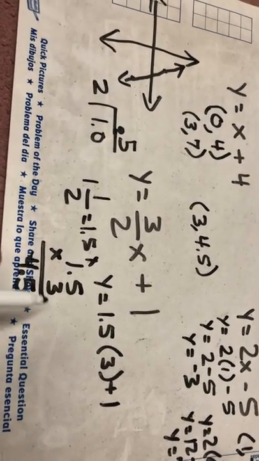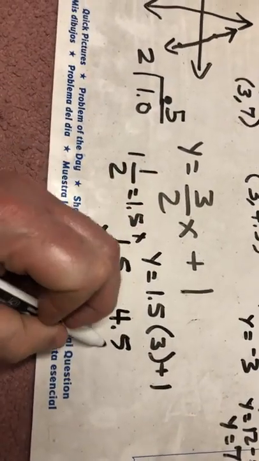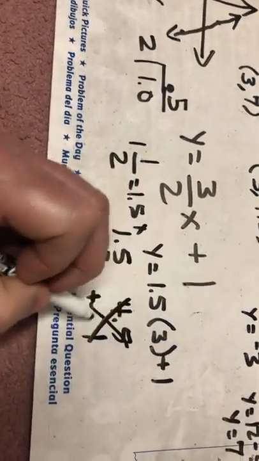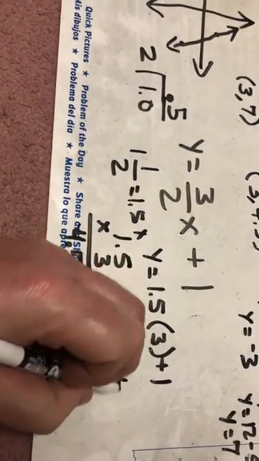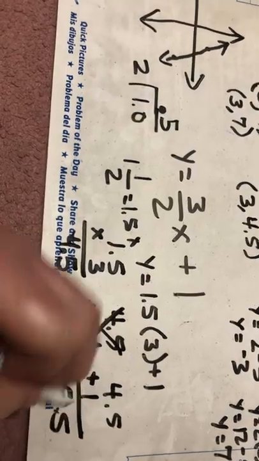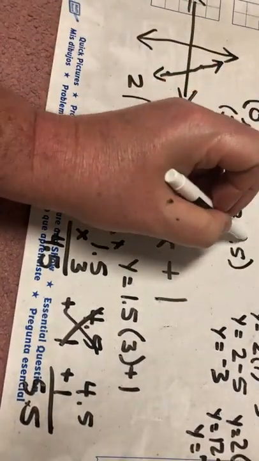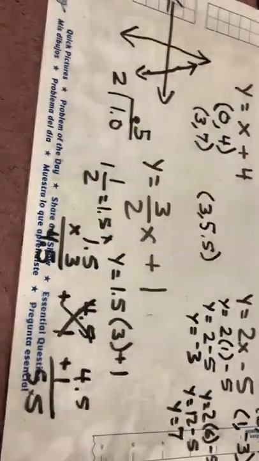Well, 4.5 plus 1, remember, the 1 is going to line up with the 4, so it's going to be 5.5. So I'm going to get rid of that 4 there. Our y value would actually be 5.5.